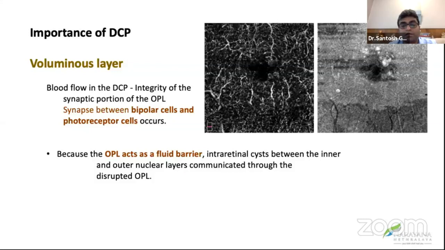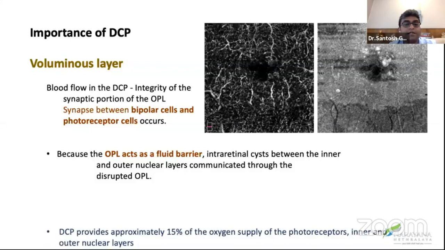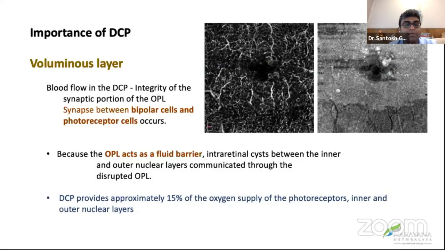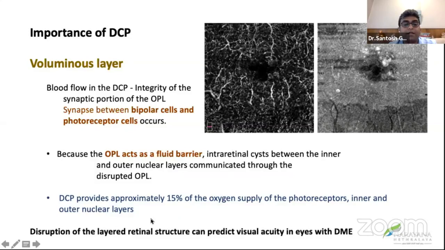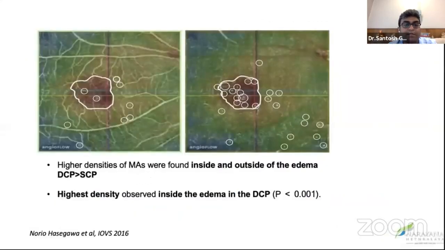But once this is breached, they communicate, and it results in a non-responding DME. And DCP provides 15% of the oxygen supply to the photoreceptors, inner and outer nuclear layers. So disruption of this layered structure can easily predict the outcome of diabetic macular edema.